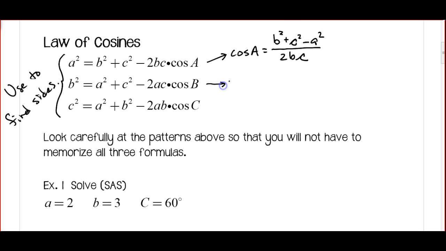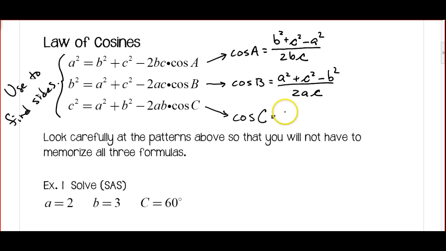And if we solve this one for cosine B, we're going to get a squared plus c squared minus b squared over 2ac. And this one, if we solved it for C, we would get cosine of C is equal to a squared plus b squared minus c squared all over 2ab.